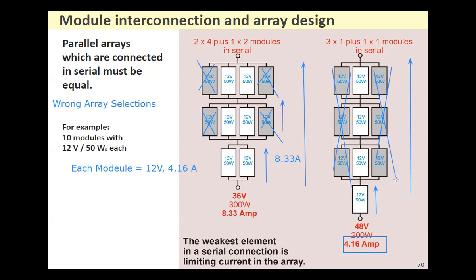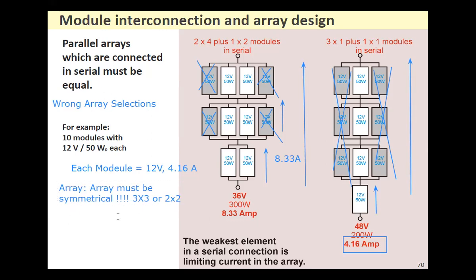So whenever you are making an array, the array must be symmetrical, like 3 cross 3 or 2 cross 2, or like that.